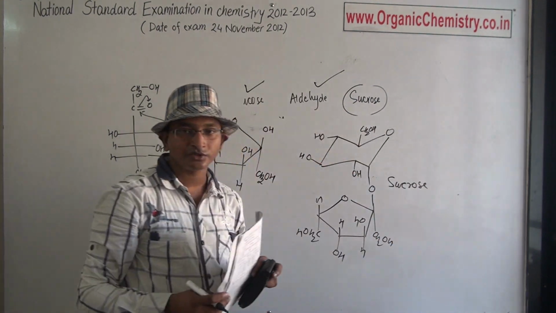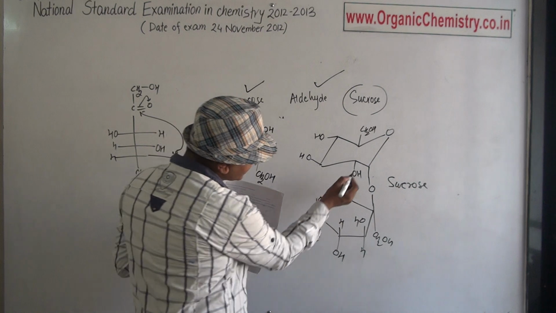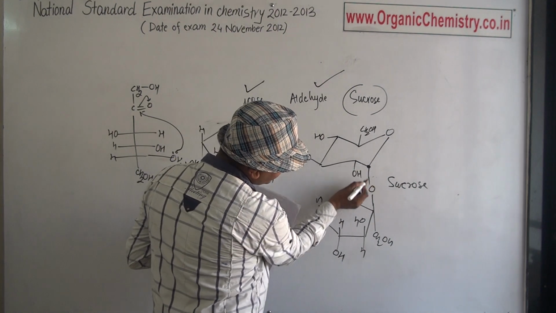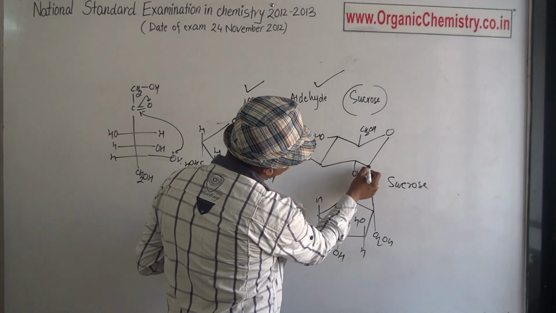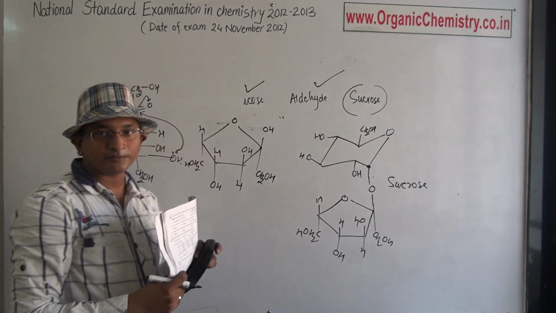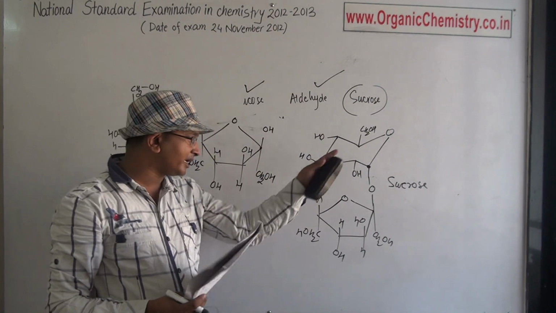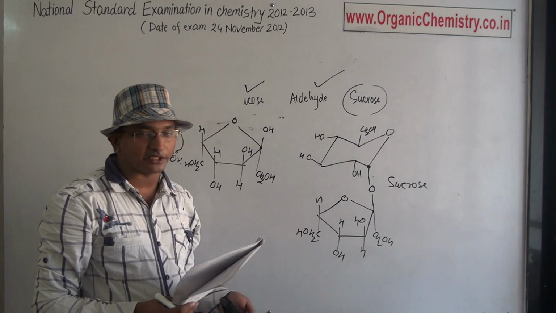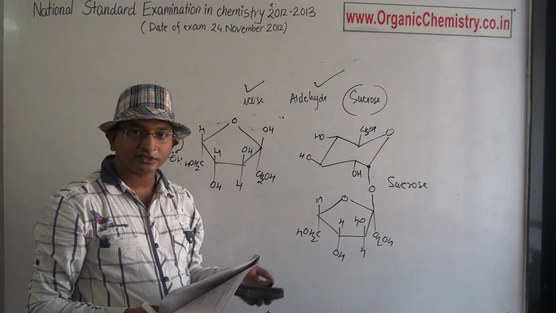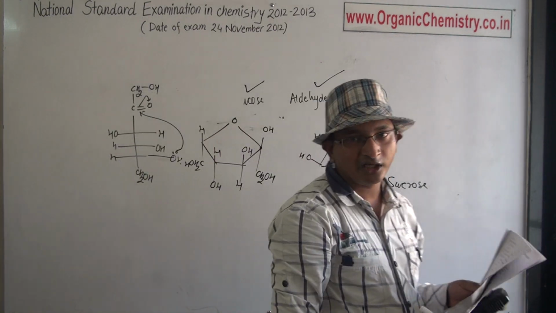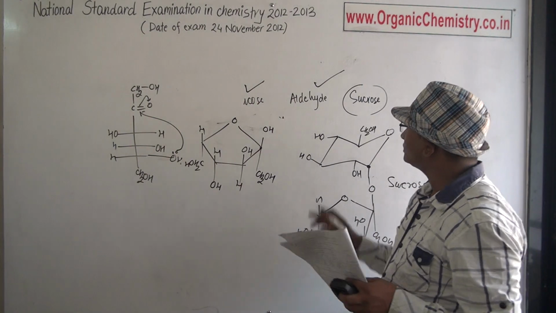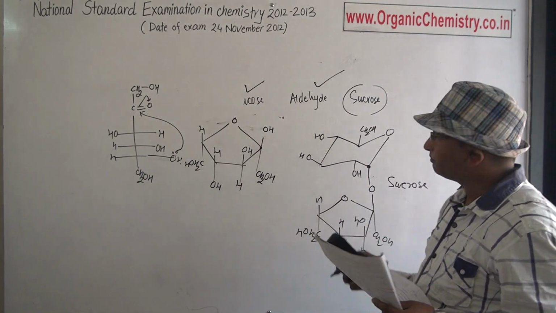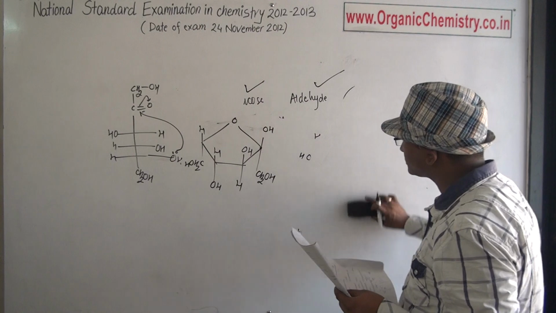This sucrose has an ether linkage, COC. This has an ether linkage and an alcoholic linkage, that is an acetal linkage, and acetals are inert towards any nucleophile or base. So it will not give a positive Benedict test.